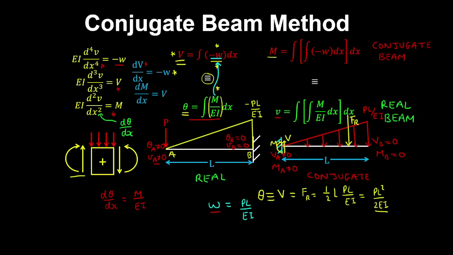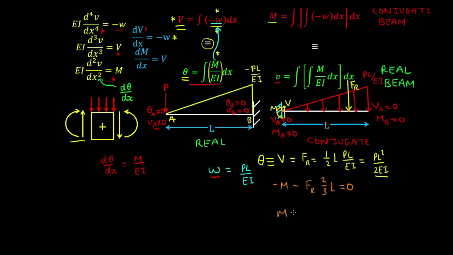And now taking a sum of moments about the support, we get minus M minus the force resultant by the moment arm, which is 2/3 L, and that's equal to 0. So therefore the bending moment is equal to minus the force resultant, which we calculated as PL squared on 2EI, multiplied by the moment arm.